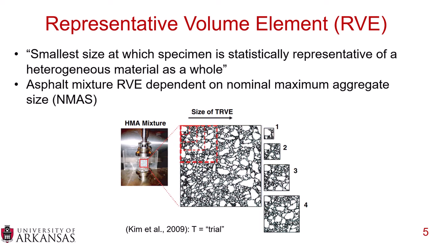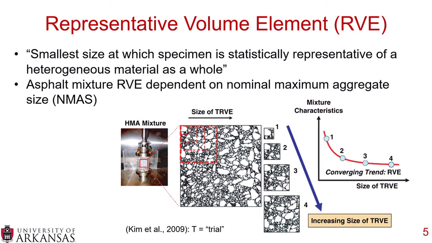In grid number 1, there's that single aggregate that takes up quite a bit of the grid. But if you go down to grid number 4, where you take a larger area of the sample, you can see that one aggregate no longer dominates, and it's part of a cluster of more aggregates. You can look at this as going from 1 to 4 as increasing the size of the TRVE, or the trial representative volume element.